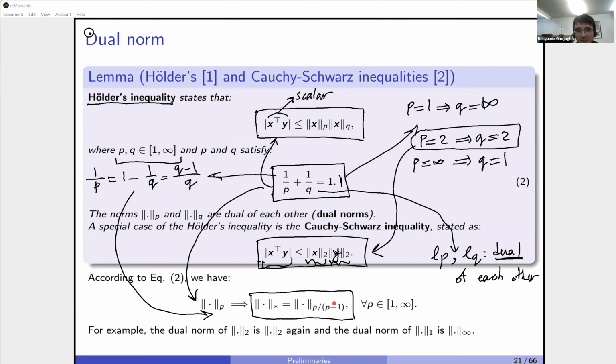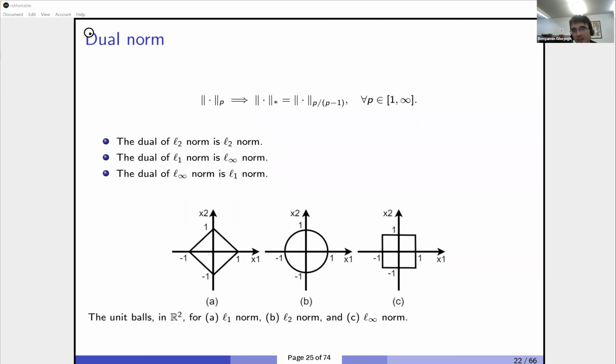From this equation, we can see that the dual norm of the L2 norm is L2. The dual norm of the L1 norm is L infinity. The dual norm of L infinity is the L1 norm. I said I will show you some examples. This is the L1 norm. The dual of it will be like this, which will be L infinity.